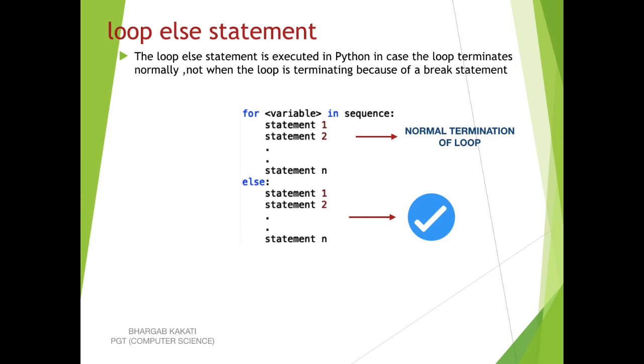Got it? But you may have a break statement within the for loop. If you have a break statement within the for loop, that means if termination is due to break, then the else statement will not be executed. Got it?